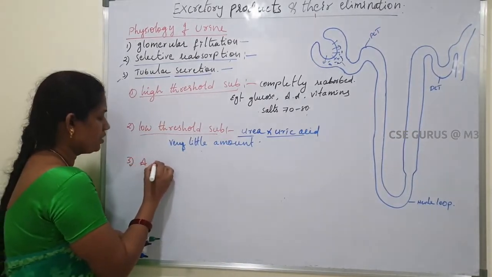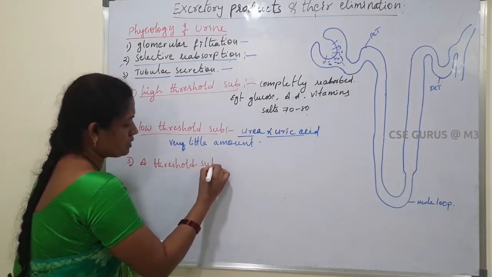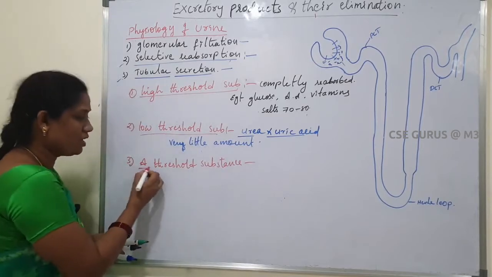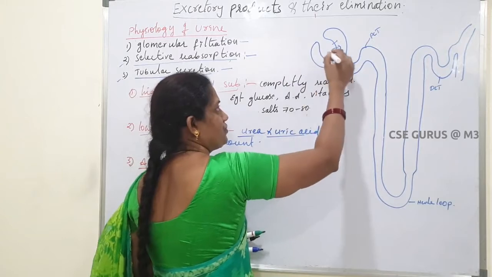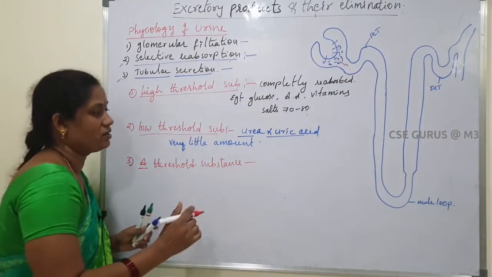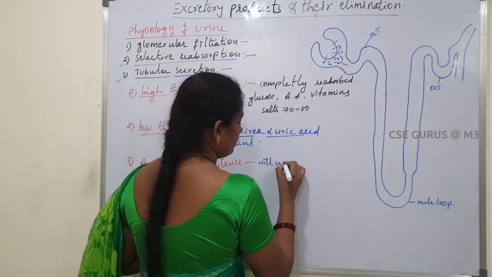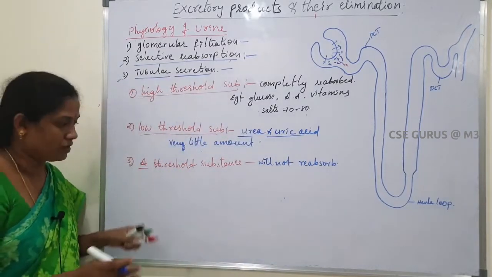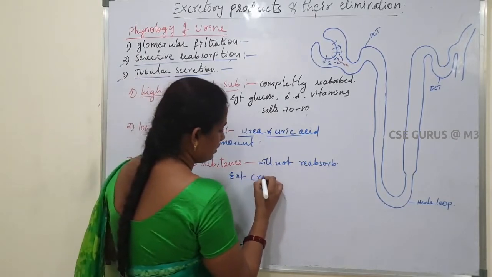Third one, A threshold substances. A means absent. Once they are formed in the filtrate, they are never reabsorbed. For example, creatinine.